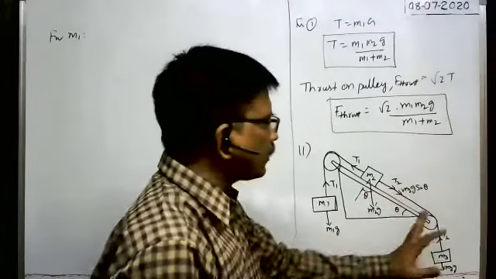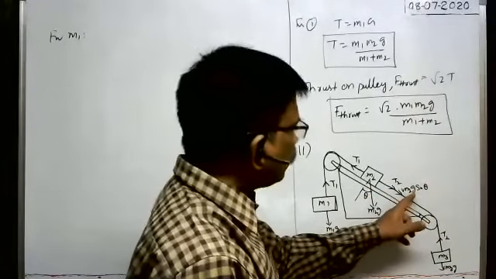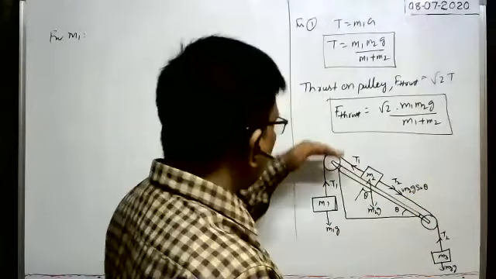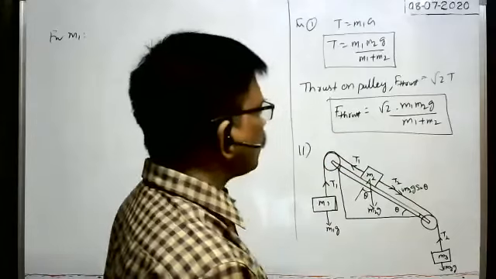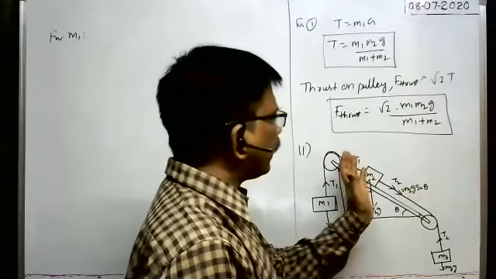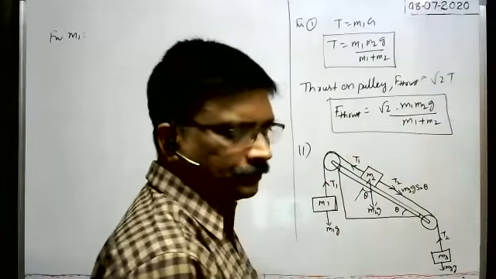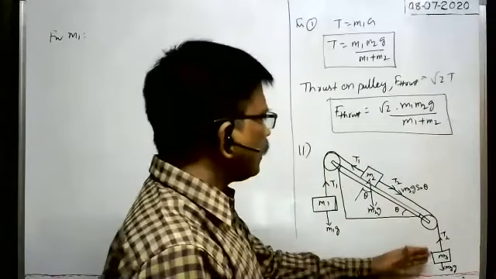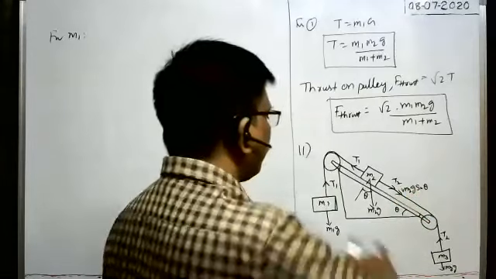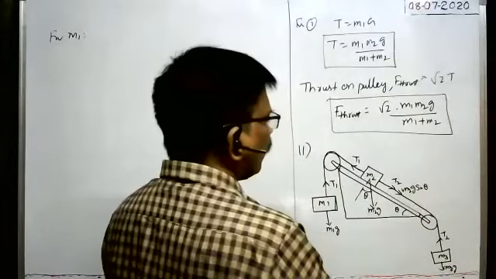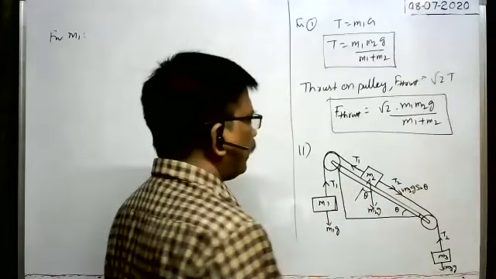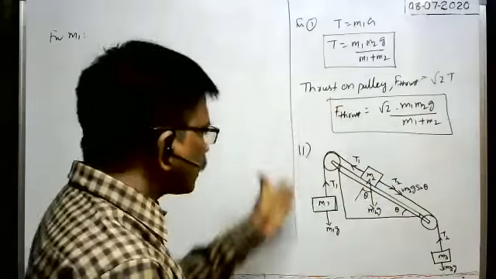Of course, T2 cancels. M2g sin theta plus M3g acts in this direction and M1g in this direction. Suppose if M3g plus M2g sin theta is greater than M1g, then the entire system will move in this direction. If M1g is greater than M2g sin theta plus M3g, then the system will move in this direction.